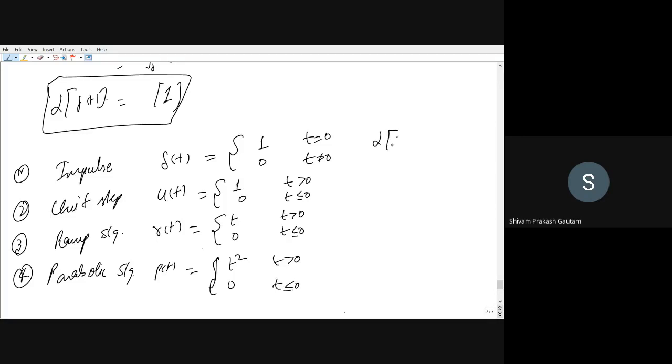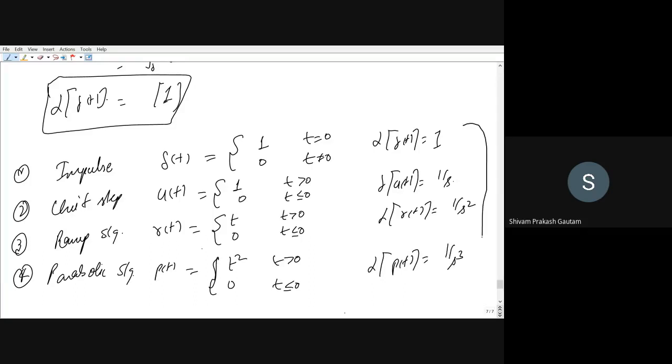The Laplace transform of del t is equal to 1. The Laplace transform of u t is equal to 1 by s. The Laplace transform of r t is equal to 1 by s square, and the Laplace transform of p t is equal to 1 by s cube. So these are some of the standard signals.